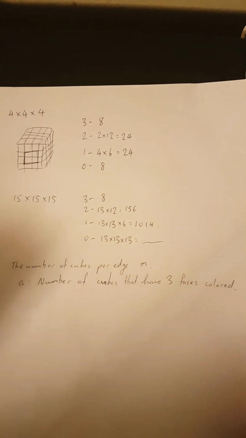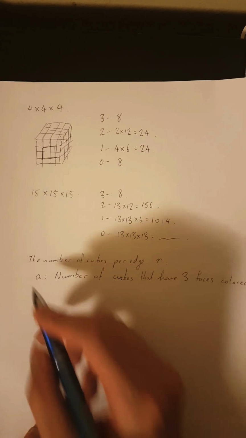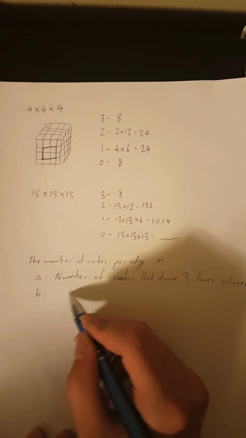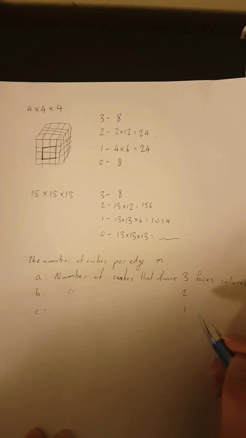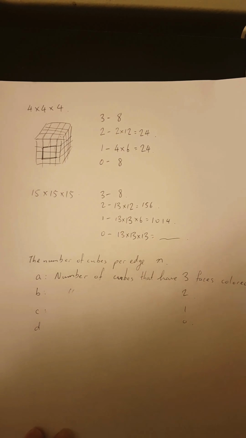The lighting is kind of meh, but all right, that's A. B is going to stand for the same thing, but for 2 faces. C is for 1 face, and D is for 0 faces.